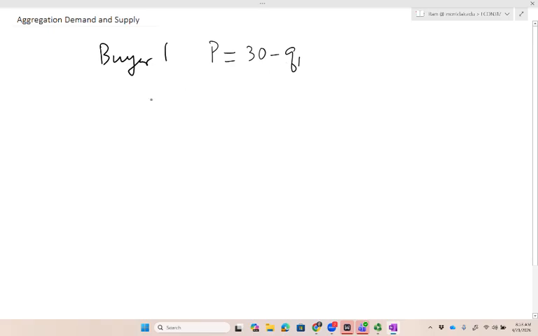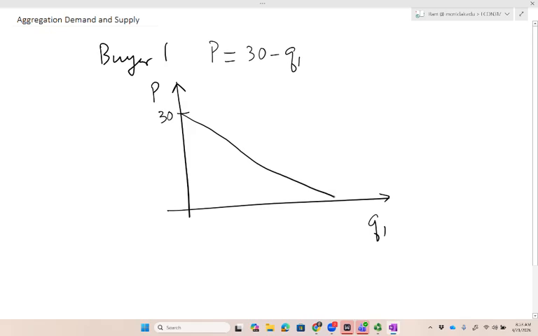Given this demand, I can draw Q1 on the horizontal, price on the vertical, and so this is the inverse demand, price on the left hand side and quantity on the right hand side. We can see the graph for this inverse demand will have vertical intercept 30. Since the slope is -1, the horizontal intercept is also 30, and so this is the demand for buyer 1.